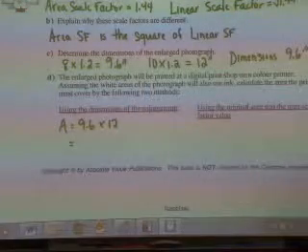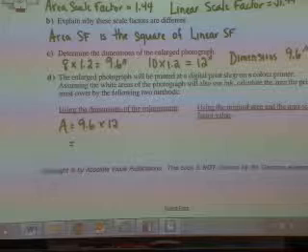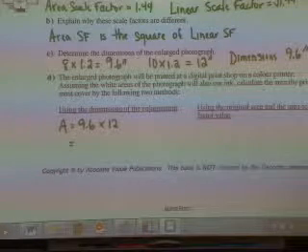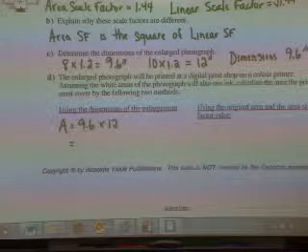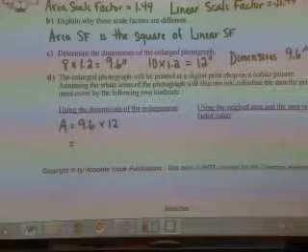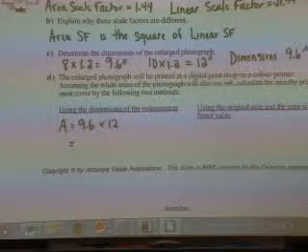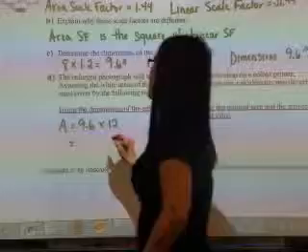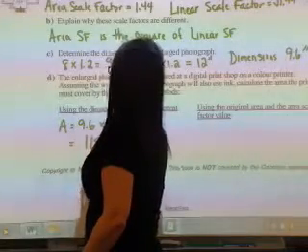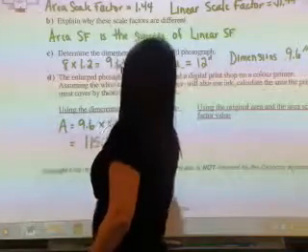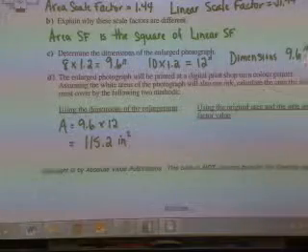What's that area? 115.2. Have the numbers right, just the decimal in the wrong place.